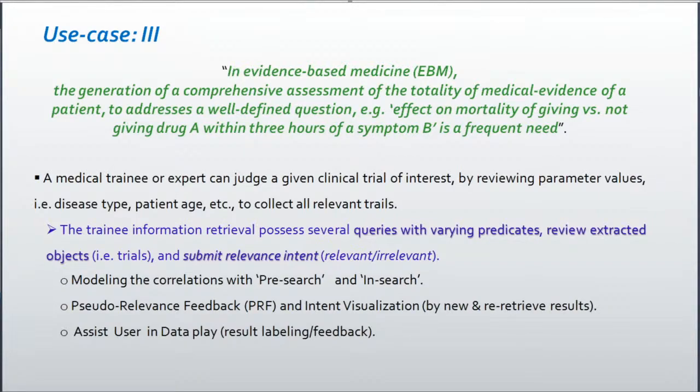So let's first take the problems or the inability at the user level. In the current systems, there is no support to understand what the real information needs are. The current systems are not providing any kind of facility or assistance to the user, so that the user can become aware of their information needs.